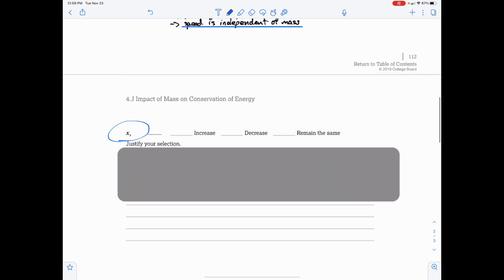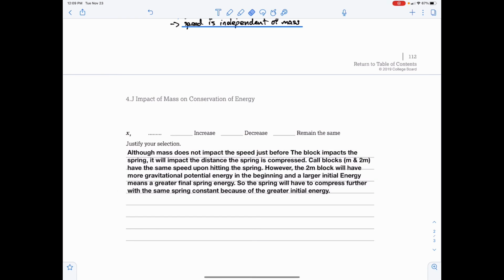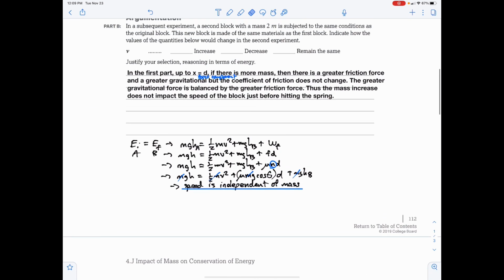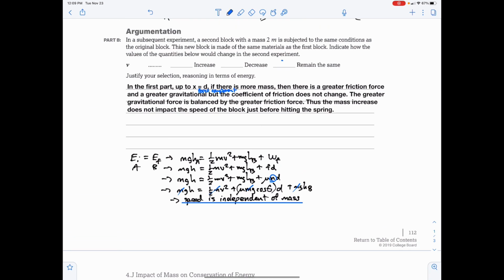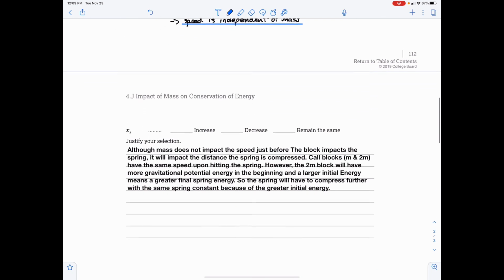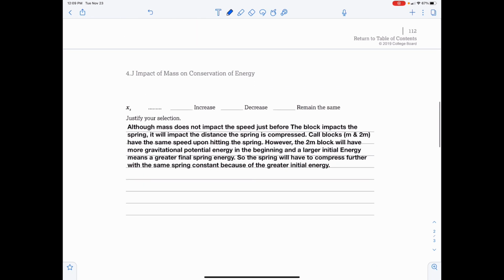Okay, how about the distance the spring is compressed? Although the mass does not impact the speed just before the block impacts the spring, it will impact the distance the spring is compressed.